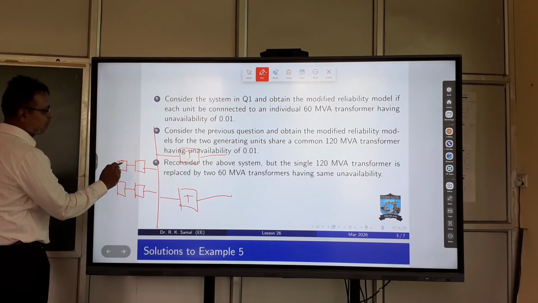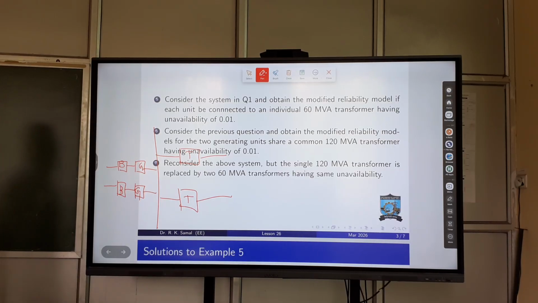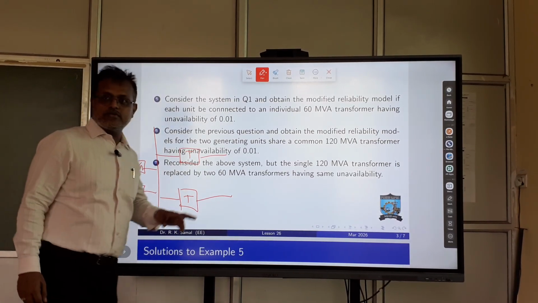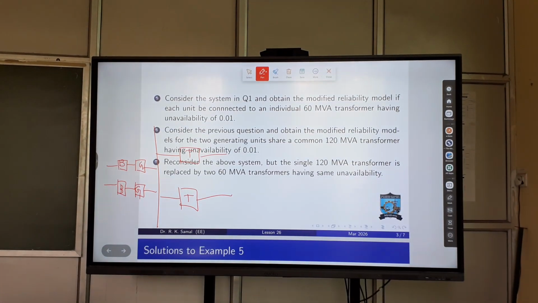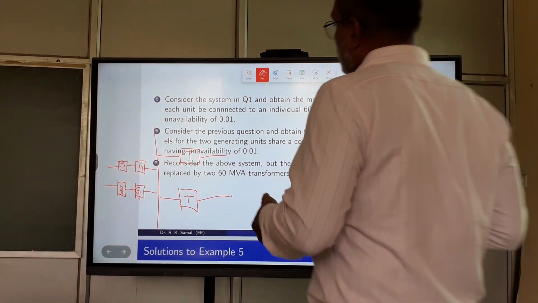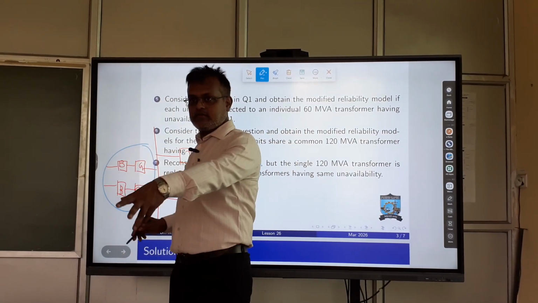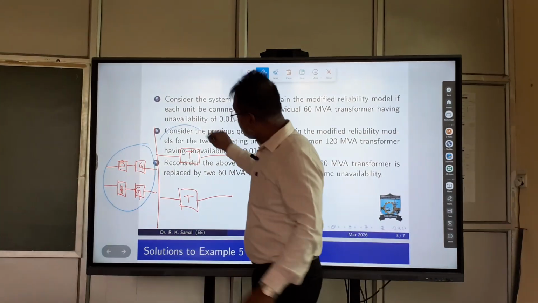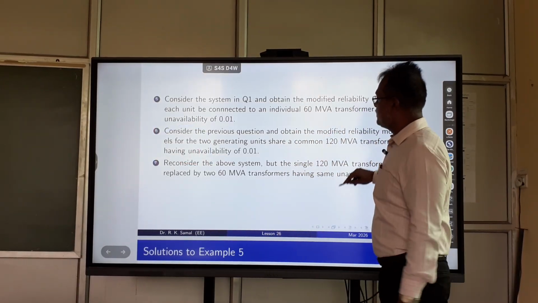So they are sharing the two transformers. It becomes a bit complicated, but not in the sense that you can use the availability table that you have already written, 120, 60, but then for the transformer you will be making another table. Let's see how it has been done.